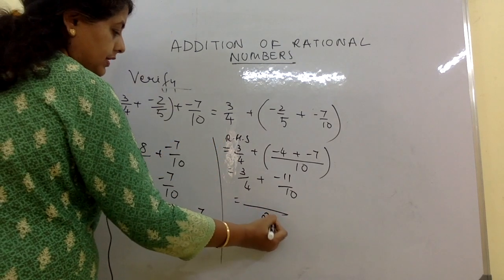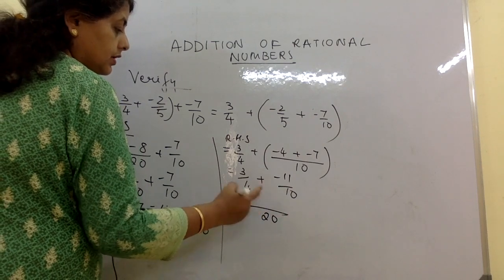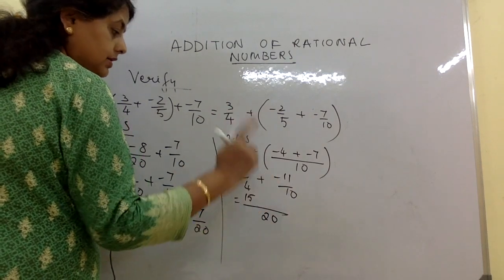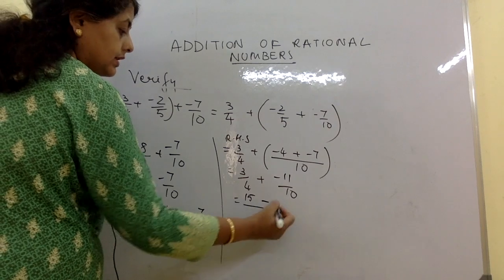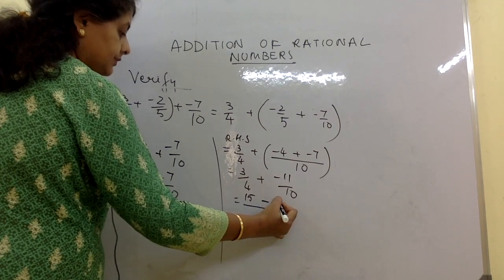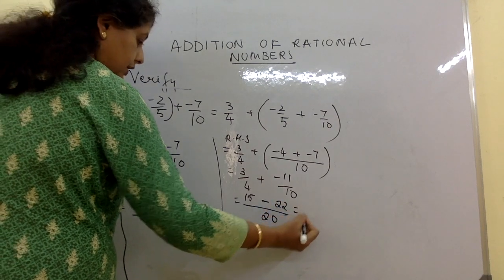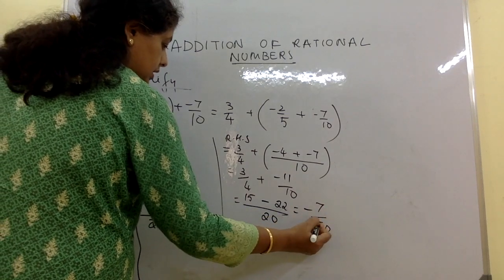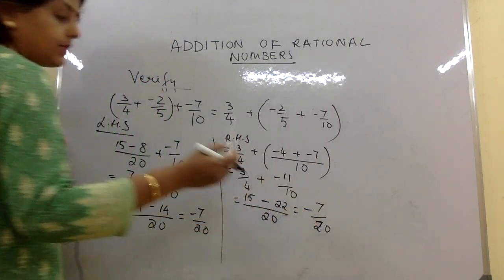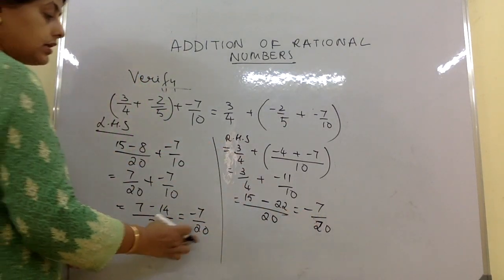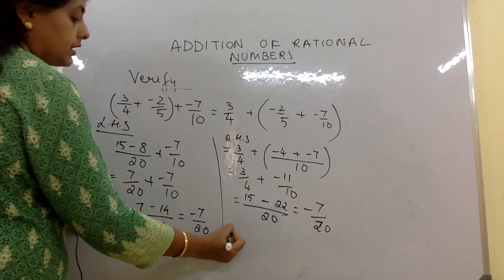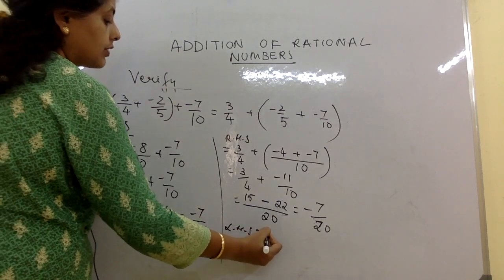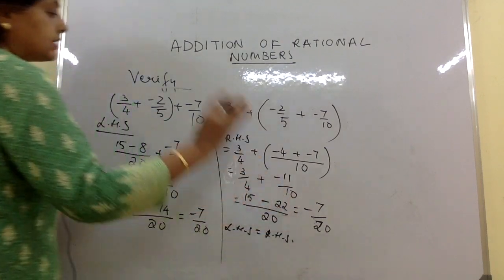This is 20 LCM. 15 here plus into minus, minus. So I write the minus and then here it is 22. So I again have minus 7 by 20. So minus 7 by 20 again. So what do you see? Both results are same. LHS is equal to RHS, hence verified.